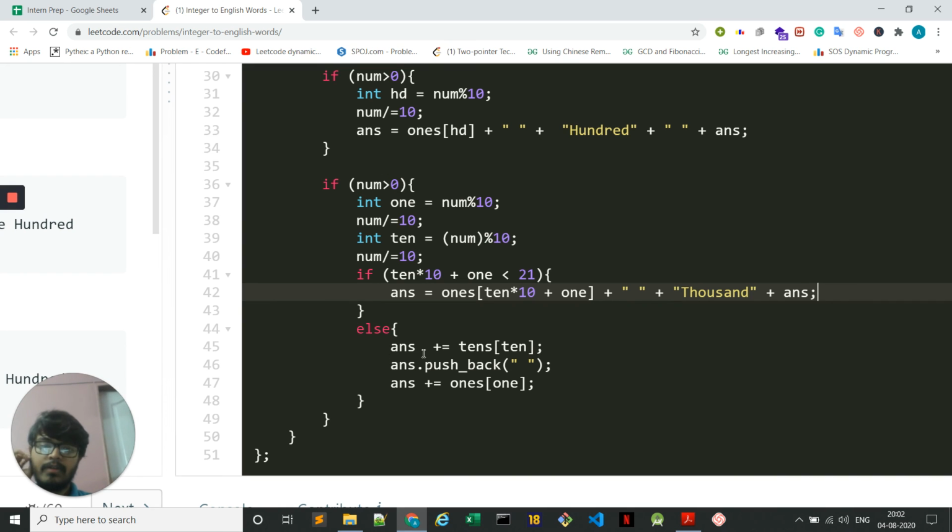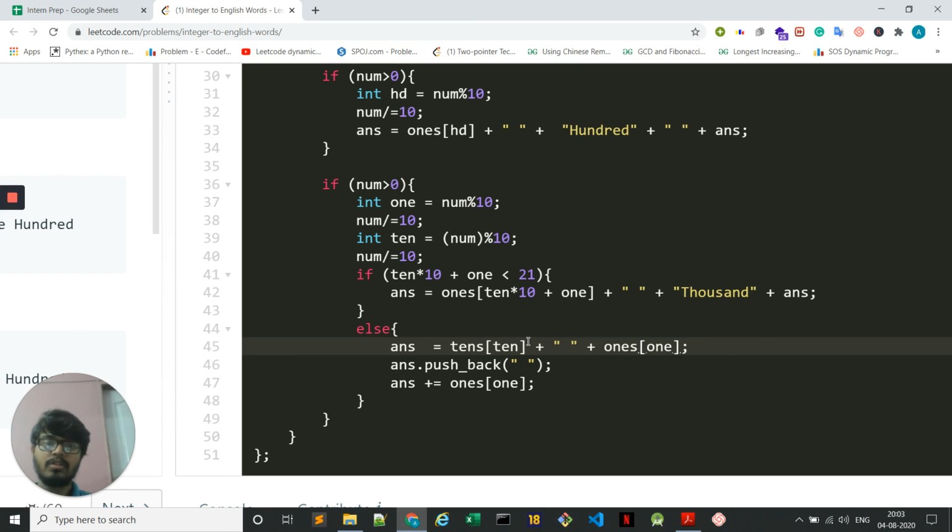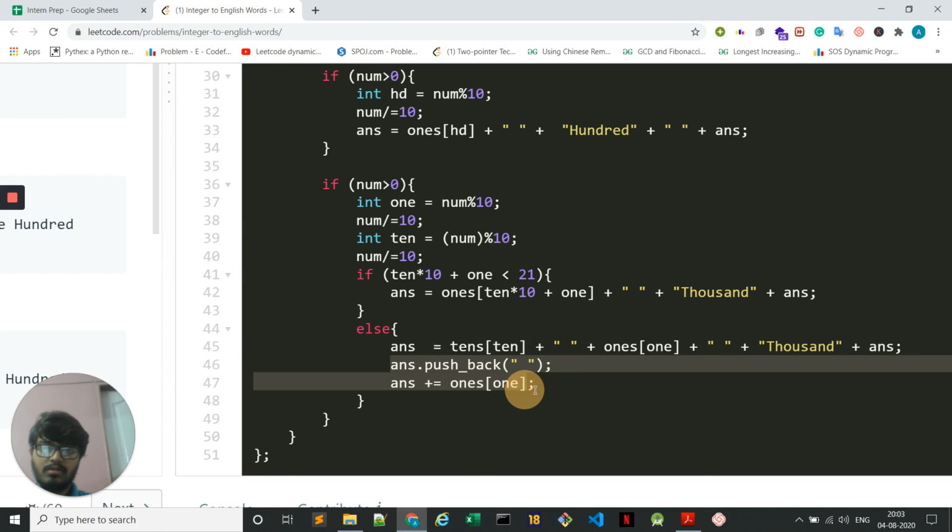Else, answer would be equal to tens and ones, like 63, plus 1000, so it should be like 63,000 plus answer.